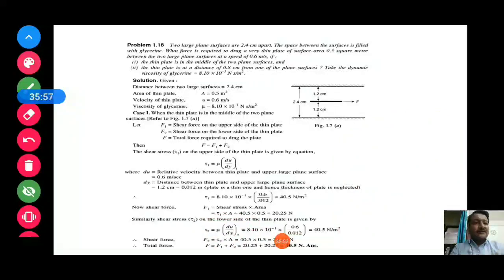This is the formula, F is equal to F1 plus F2, and the answer is 20.25 into 2, that is 40.5 Newton. So F is 40.5 Newton. This is your final answer for the first case.